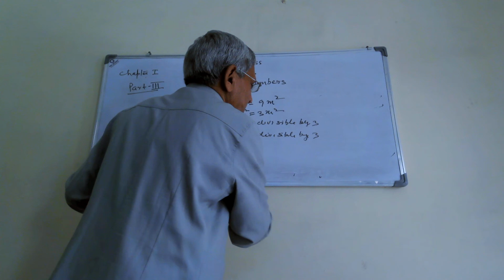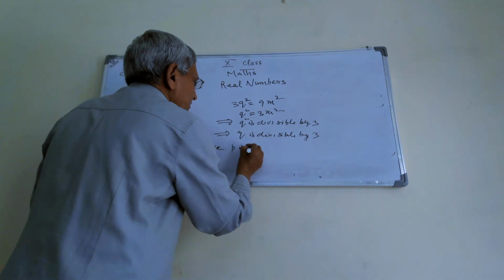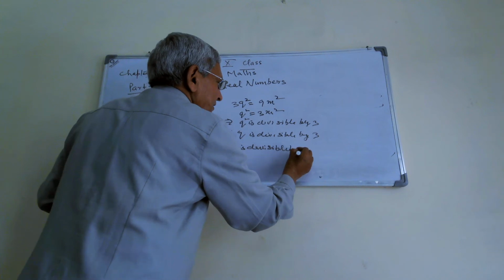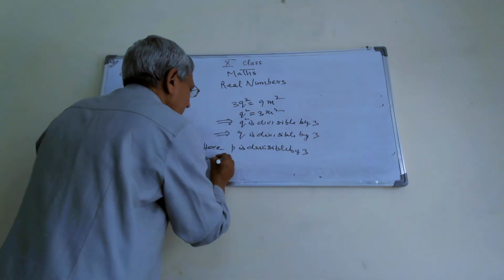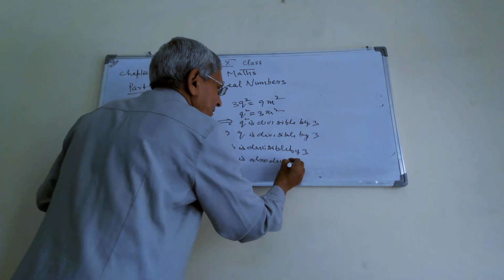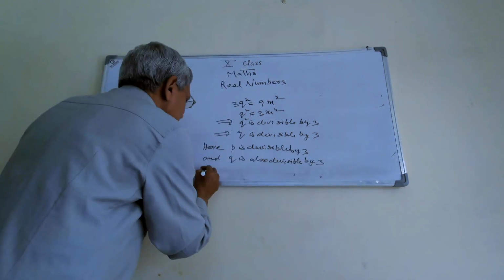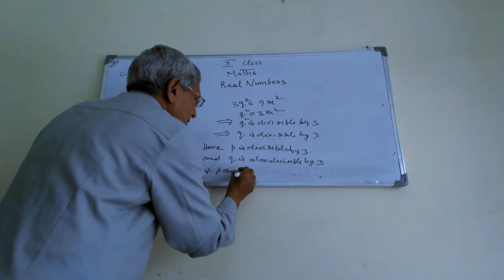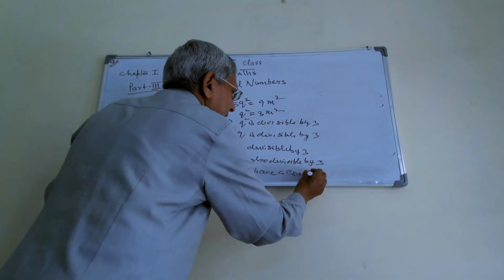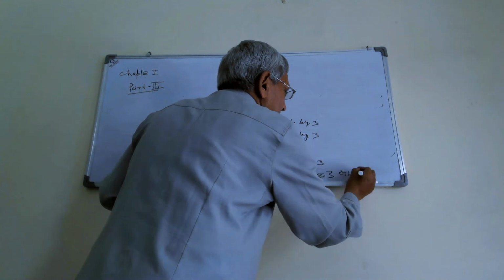Hence, here P is divisible by 3 and Q is also divisible by 3. It means P and Q have a common factor 3 other than 1.